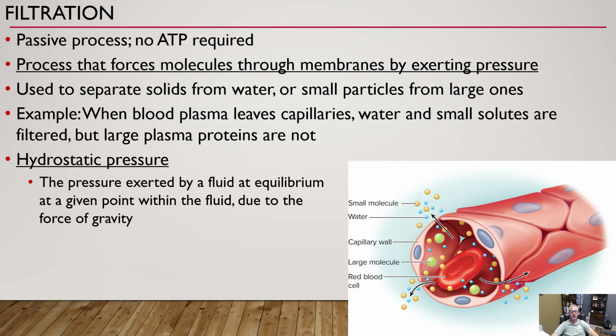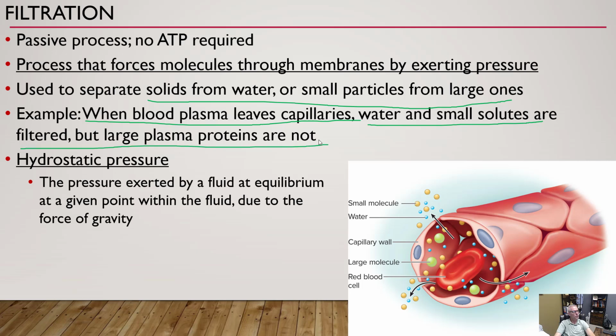All right, filtration. Again, a passive process. No ATP is required. This is like using coffee grounds, for those of you who make your own coffee. Water is just filtered through by gravity. It's used to separate solids from water, or small particles from larger ones. Example: blood plasma leaves capillaries, water and small solutes are filtered, but large proteins are not filtered out.